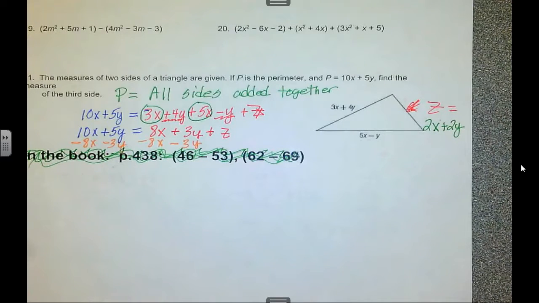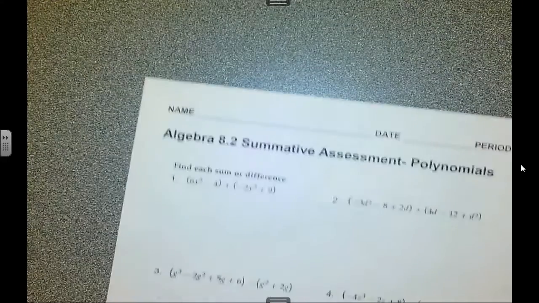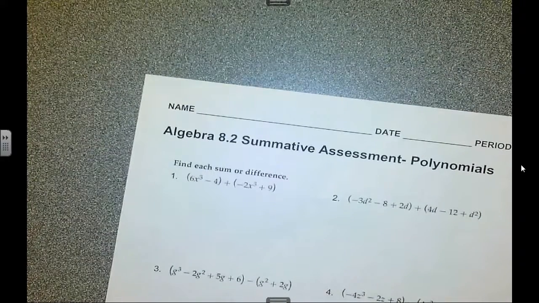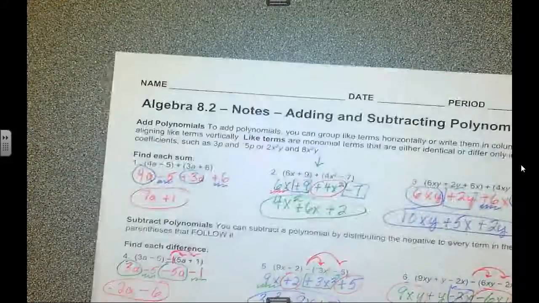Now, apparently, they copied 2 different worksheets on this. One was 8.2 notes, and then one was 8.2 summative. Don't worry about the summative right now, because I'll put one online.